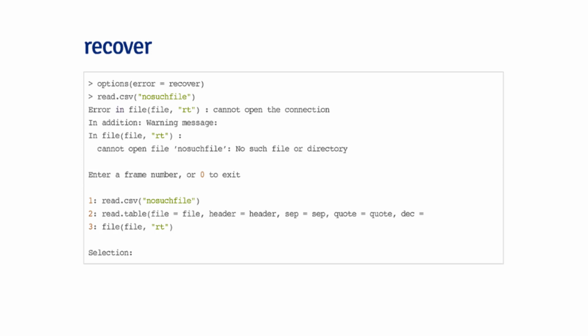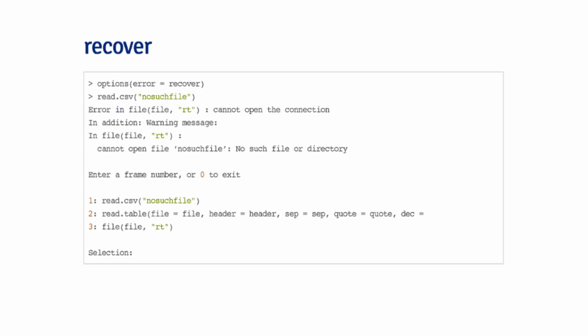So now I'm going to read a CSV from some file that doesn't exist. You get an error message, cannot open the connection, and some warning also. But instead of getting my console back, I get a little menu, and this menu is the function call stack. It's the same thing you would get if you call traceback after the error.